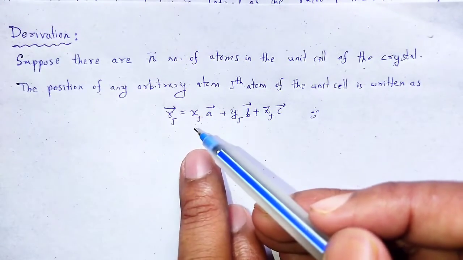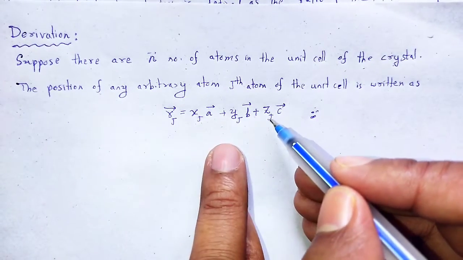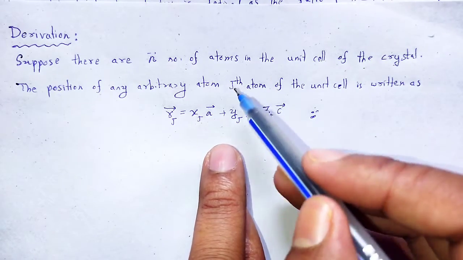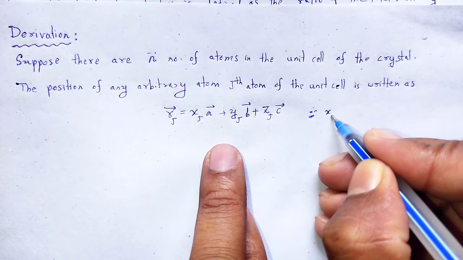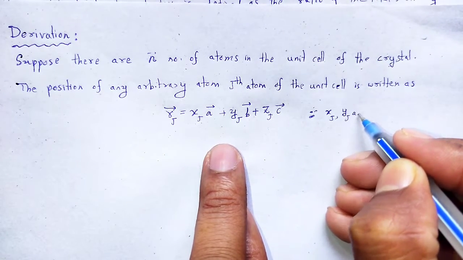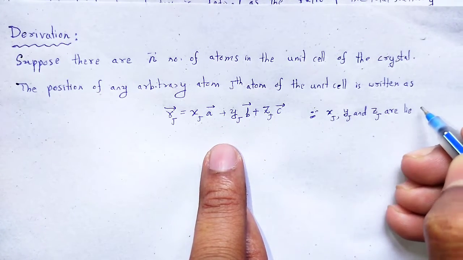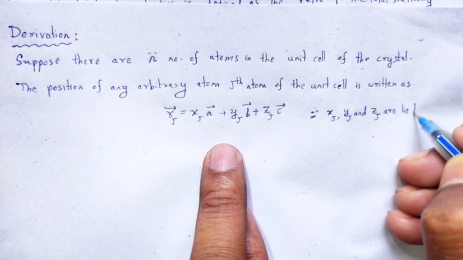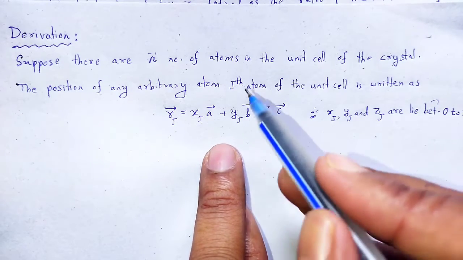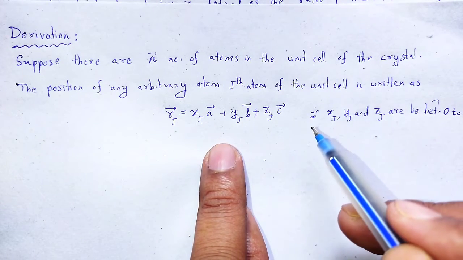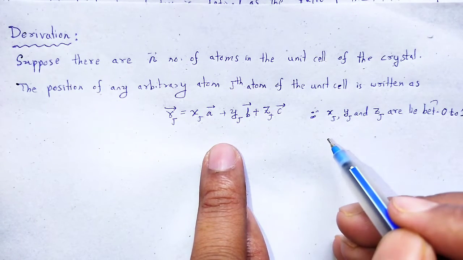Therefore x_j, y_j and z_j are the coordinates of the jth atom. x_j, y_j and z_j lie between 0 to 1. As we have taken it as a unit cell, the coordinates lie within 0 to 1.